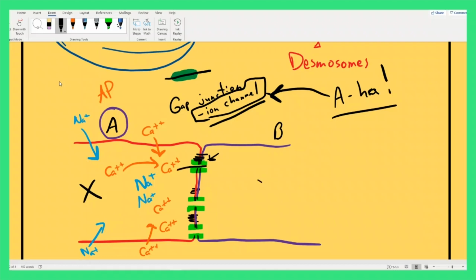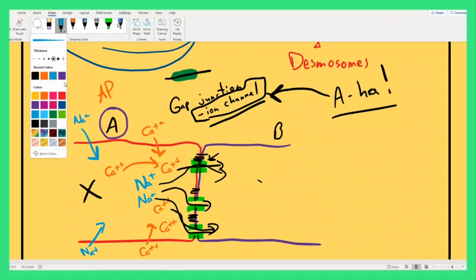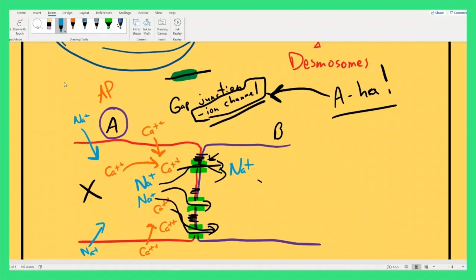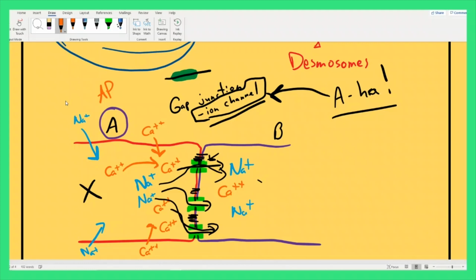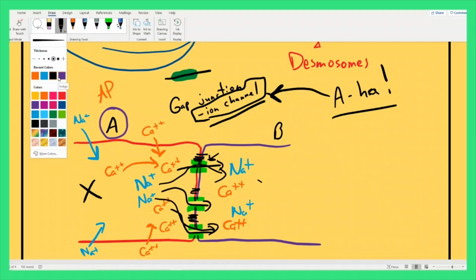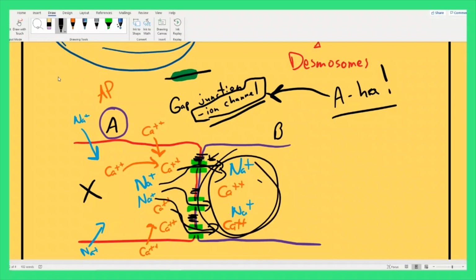So calcium, sodium, they will travel through these open ion channels entering cell B. Sodium and calcium ripping around inside cell A will now enter cell B, and this influx of positively charged ions all showing up right in here creates what?